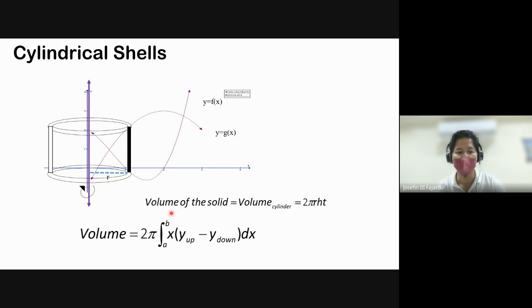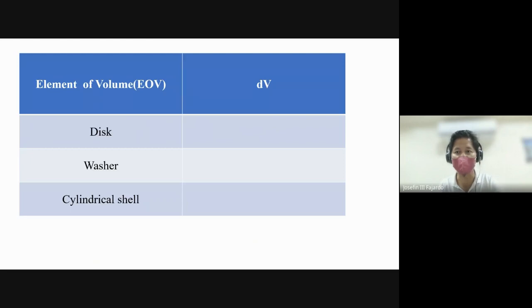Okay? So in summary, we can summarize these results in this manner. If you have a disk, where the element of volume is a disk, the dV or the integrand we will be using is pi r squared t, where r is the radius, in this case the length of the element of area.